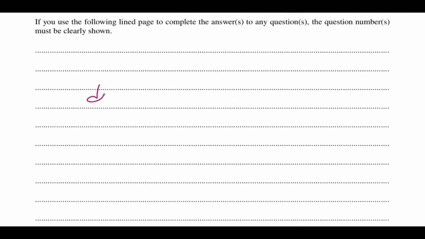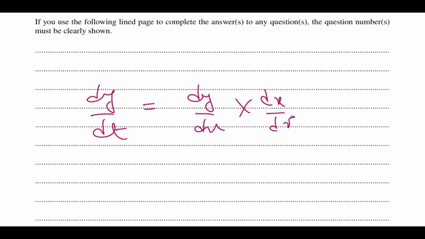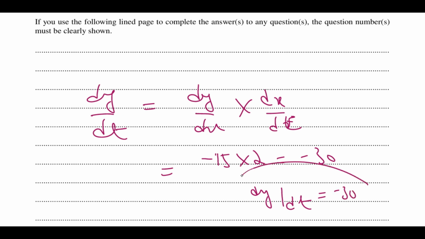So now using the formula, dy by dt equals dy by dx multiplied by dx over dt, it gives minus 15 multiplied by 2, so dy by dt equals minus 30.